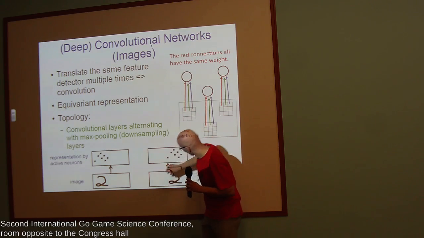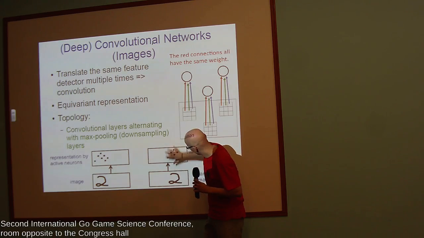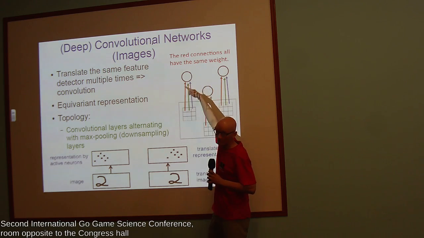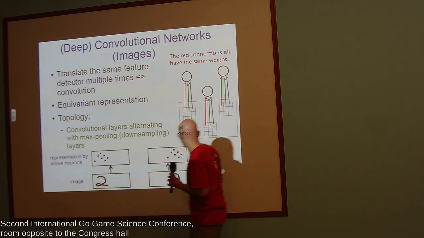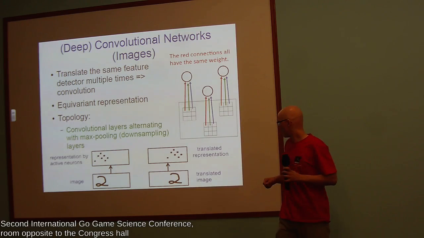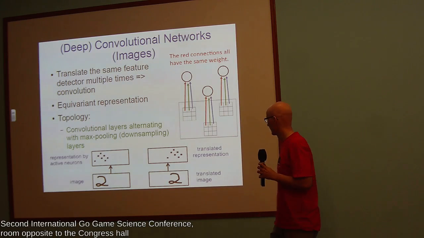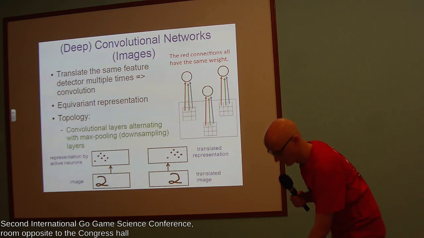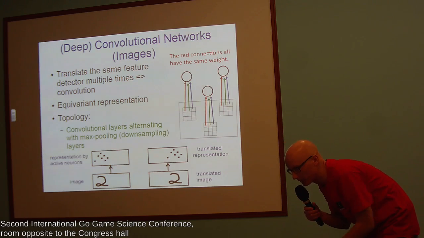And if you move the 2, the representation in the resulting layer from the convolution also moves. So basically, this representation is equivariant. It's not invariant to translation, but it moves. But by adding further layers, this can be tackled.